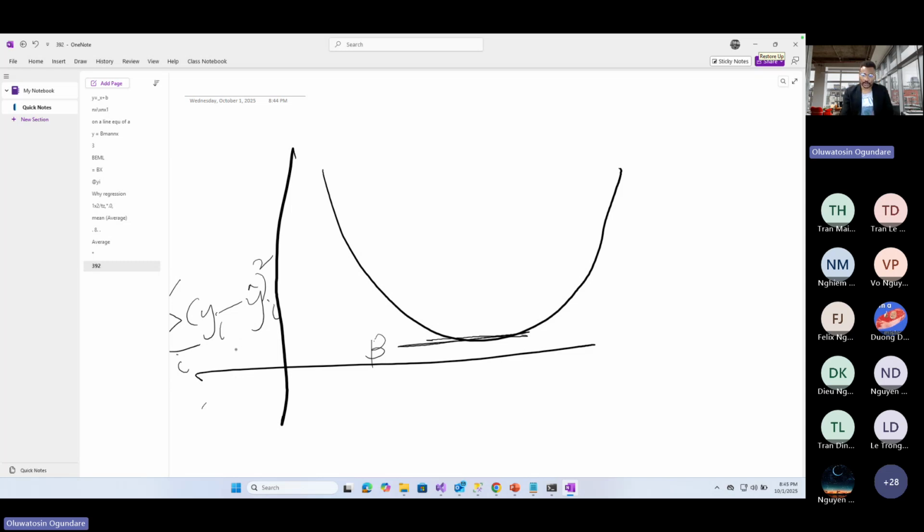Don't forget that y hat is a function of beta, so you want to find the beta for which this value would be the smallest.